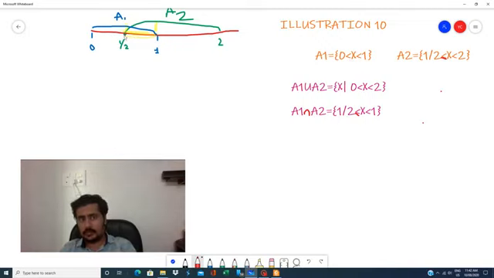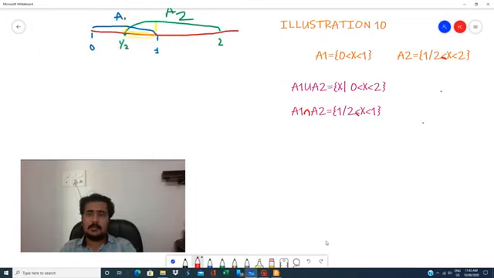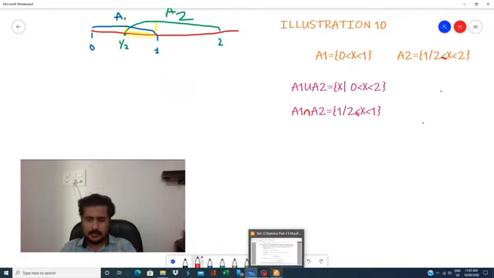You can see that I have made a circle. So half is in A2 also, and half is in A1 also. So I'll be writing half with equal to here, and 1 is not in A1, so we'll not be writing equal to for 1. So we have completed illustration 10 also. Illustration 10 was quite important and a bit difficult, so you need to pay attention.